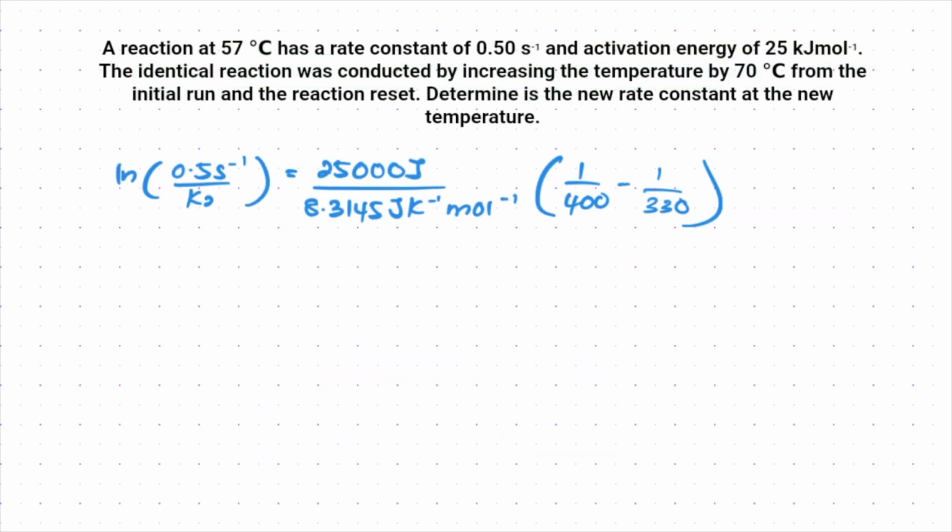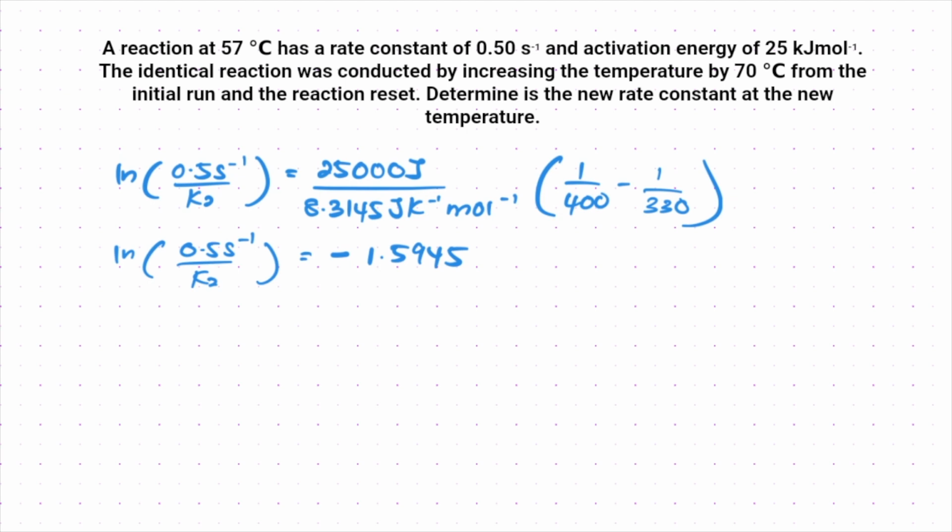So from this calculation, you should get ln 0.5 per second over K2 is equivalent to negative 1.4945. There will be no unit for this.